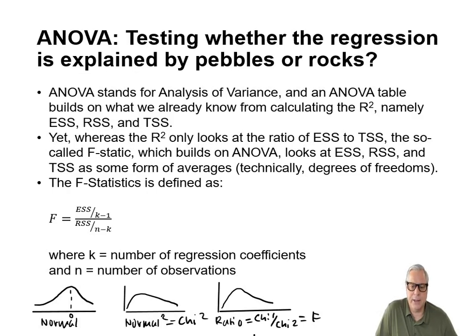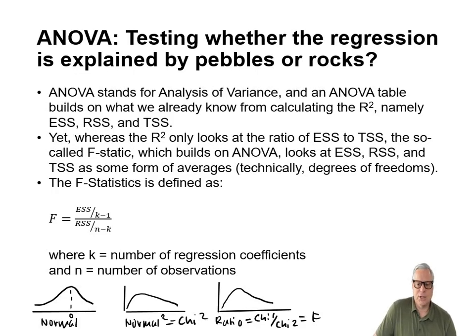But in a multivariate regression with, I don't know, 10 coefficients, 9 independent variables plus the intercept, we would subtract 1 from the 10, and we have 9 degrees of freedom. So the degrees of freedom for the regression is the number of coefficients minus 1, and the degrees of freedom for the residuals is the number of observations in the sample minus the number of coefficients.